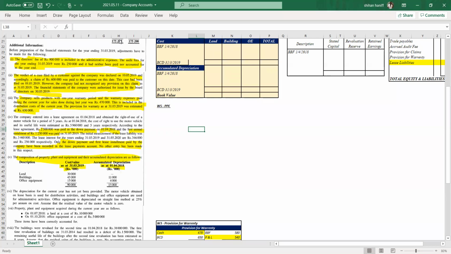They have given the year-end balance and opening balance for accumulated depreciation, right? So we can take that here under accumulated depreciation: 11,000 for building, 4,000 for office equipment, no balance for the land.